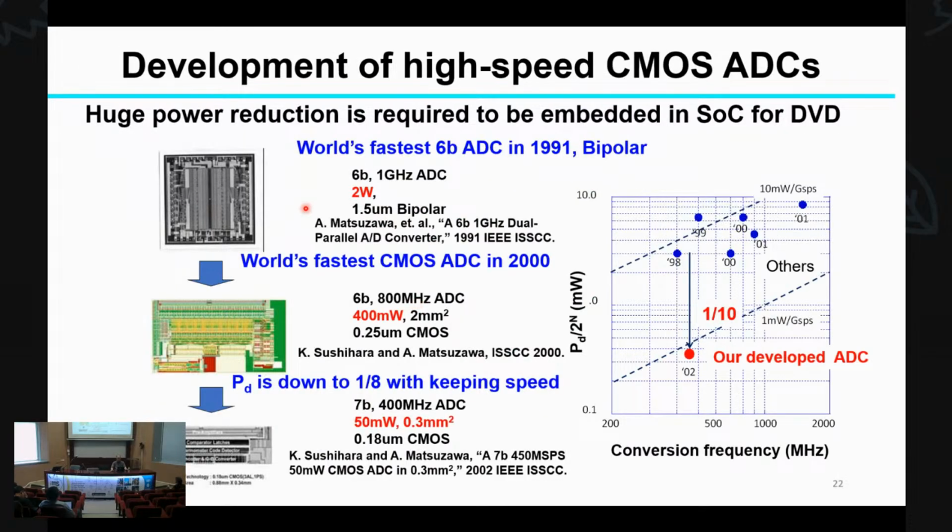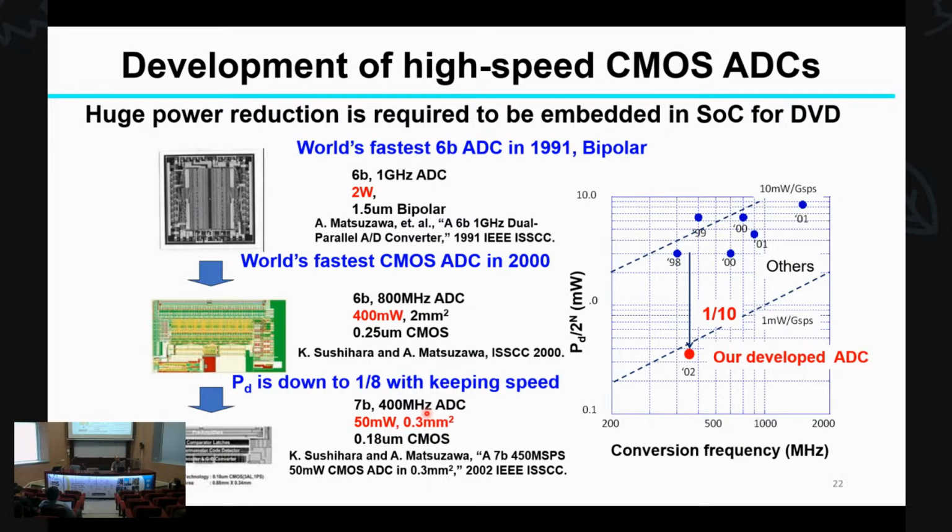This is because it is not easy. For example, we developed a 6-bit 1 giga ADC, and we published a 6-bit 800 megahertz ADC. This was the world first in 2000. But our consumption was 400 milliwatts, too large.